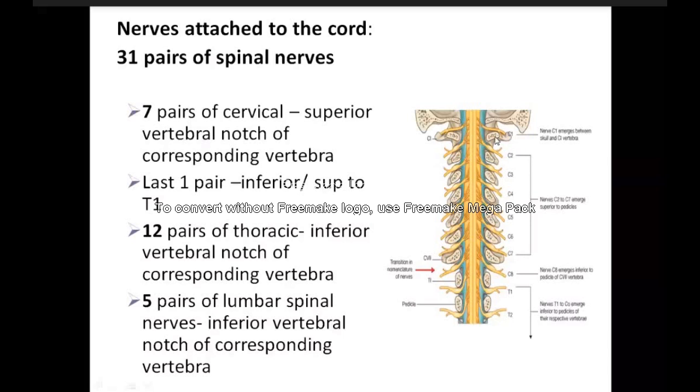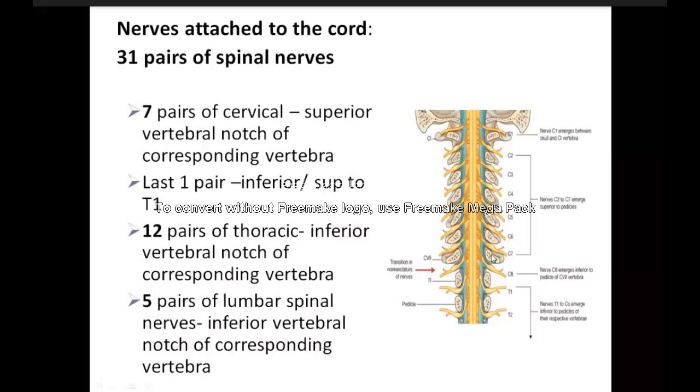The first cervical nerve emerges from the upper part of C1, and the second pair arises from the superior part of C2. But only the last one, the 8th cervical, emerges from the inferior part of C7, or you can say the superior part of the T1 vertebra. This is a commonly asked question.